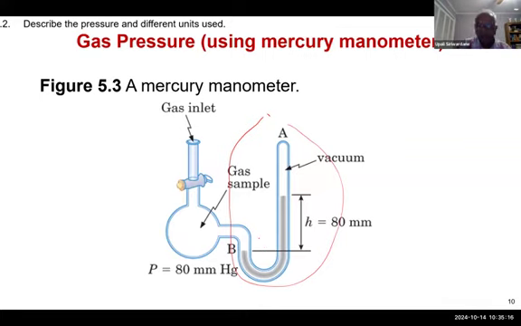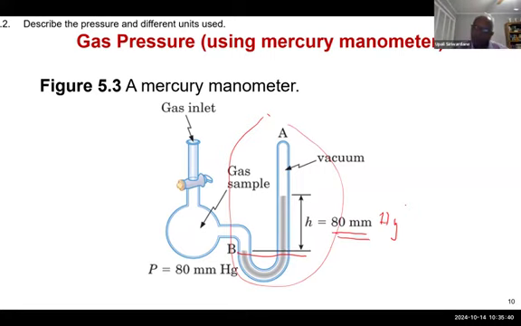The device that measures pressure is called a manometer. Here the mercury level is not equal. Therefore, the gaseous sample has 80 millimeter mercury pressure.